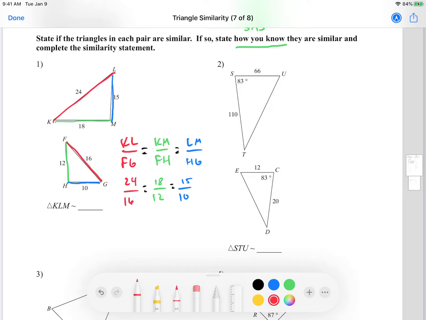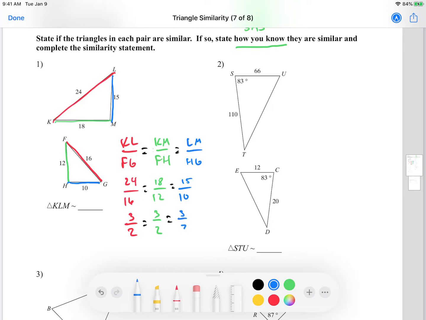Yeah, 3 over 2, because they're both divisible by 8. Now I need to check, does 18 over 12 simplify to that as well? Yeah, they're both divisible by 6, so it would be 3 over 2. And then does 15 over 10 also reduce to 3 over 2?